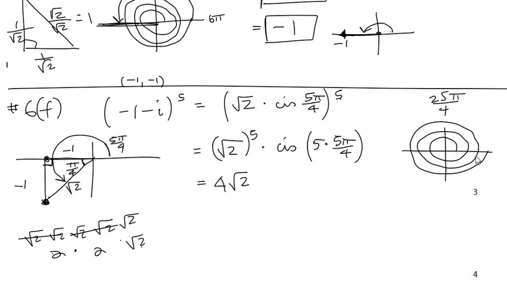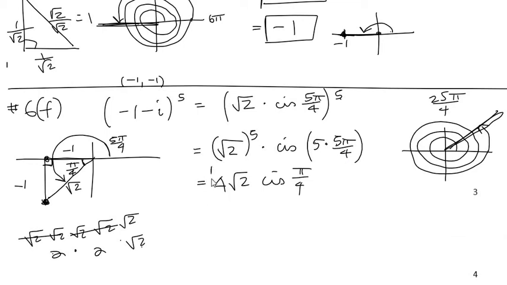So how much is left? Well, just one more pi/4, right? So 25pi/4 is 3 whole rotations and one more pi/4. So this angle is coterminal with pi/4. And I'd much rather work with pi/4 than 25pi/4.